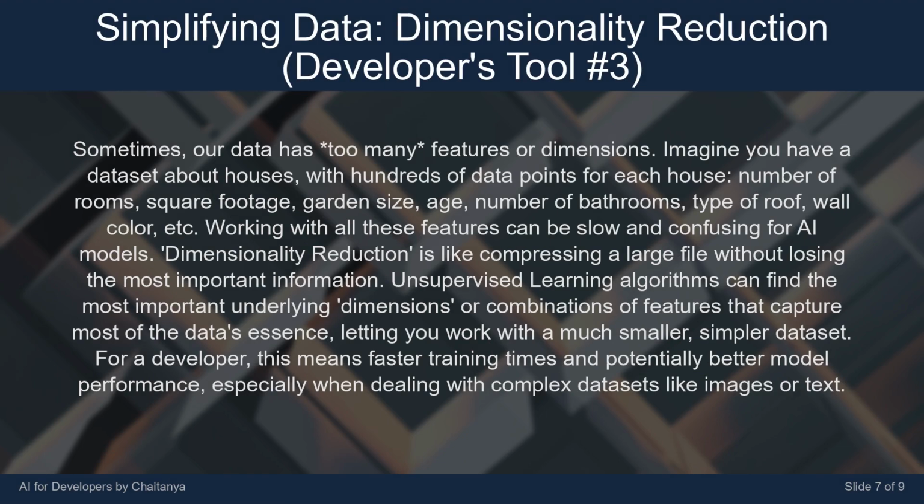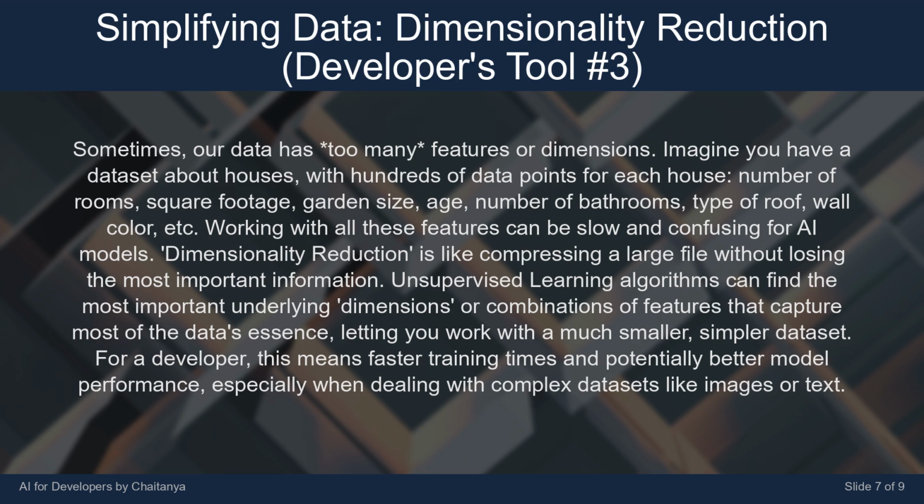Sometimes, our data has too many features or dimensions. Imagine you have a dataset about houses, with hundreds of data points for each house. Number of rooms, square footage, garden size, age, number of bathrooms, type of roof, wall color, etc. Working with all these features can be slow and confusing for AI models.